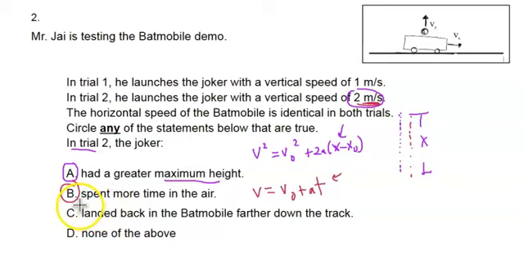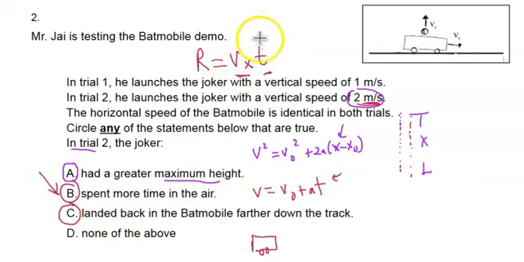C is the tricky one. It's really tempting to say, oh, horizontal doesn't affect vertical, but the range of a projectile is affected by both the horizontal and vertical, because remember, the range is Vx times t. So we know that ball number 2 spent more time in the air.